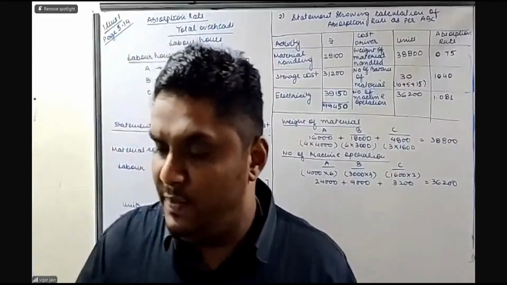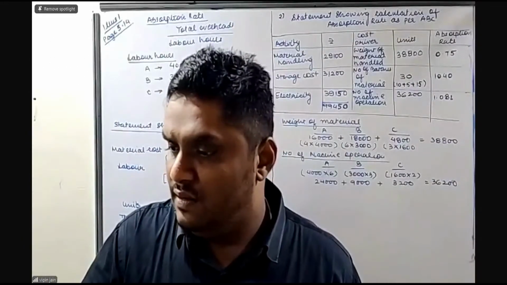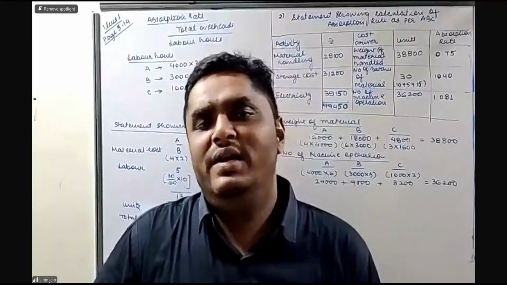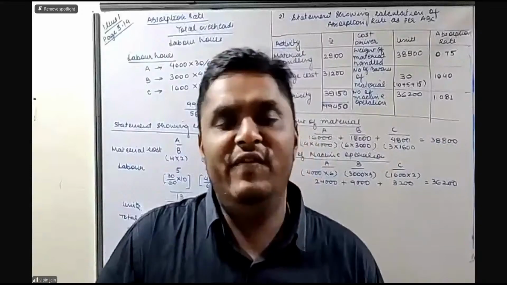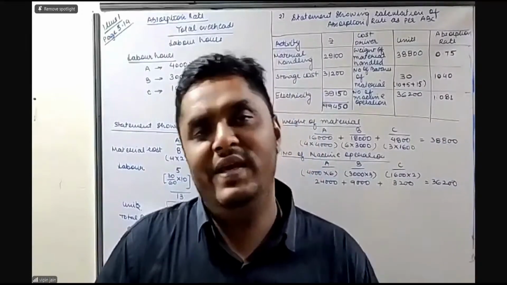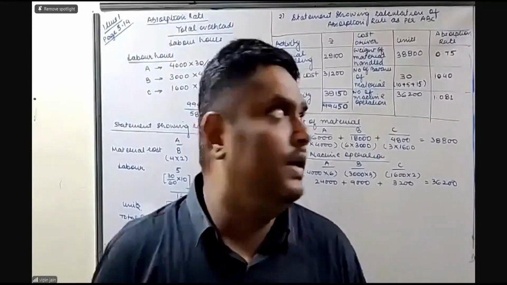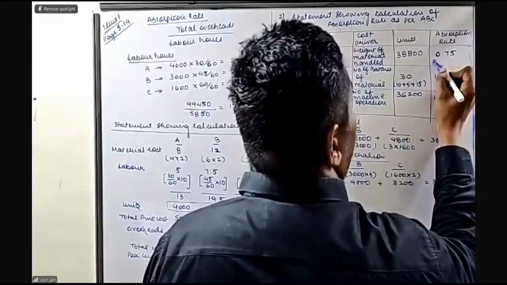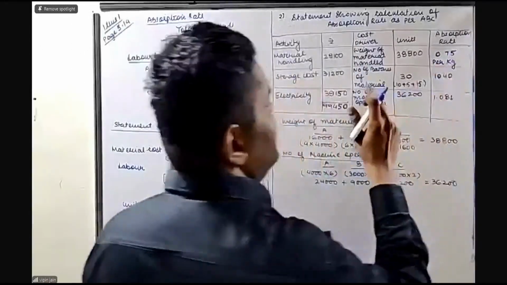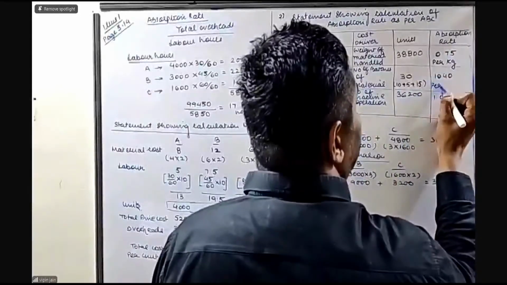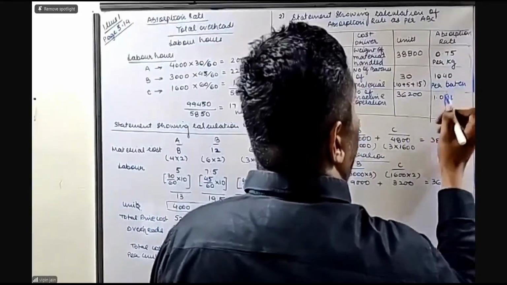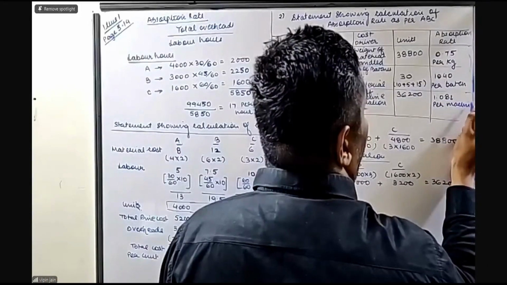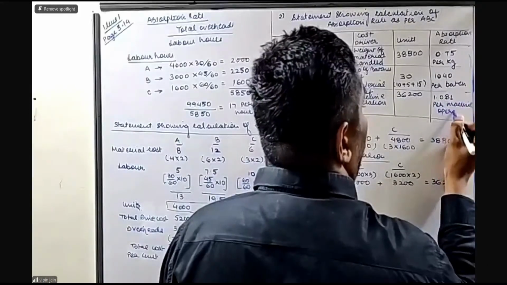Wait, let me complete the explanation first. If they are asking us to calculate in minutes, we can calculate in minutes. If they are asking us to calculate in hours, we can calculate it in hours. So it is 0.75 per kg, 1040 per batch, and it is per machine operation.